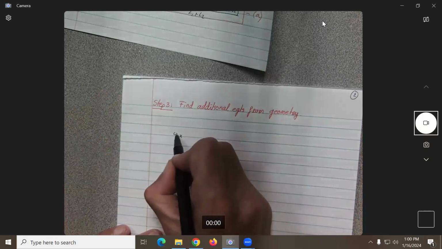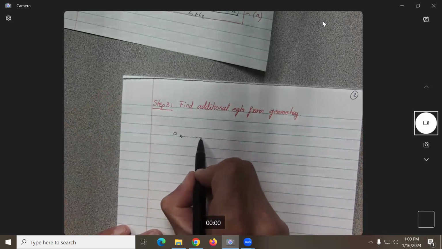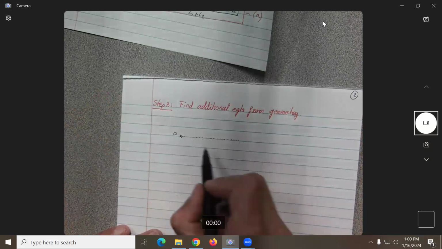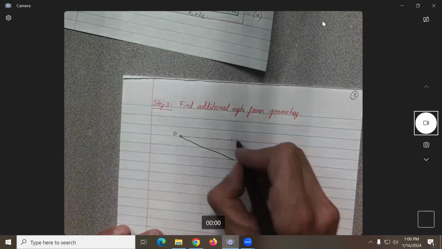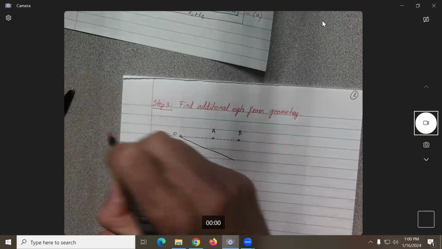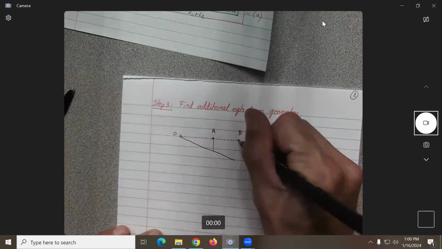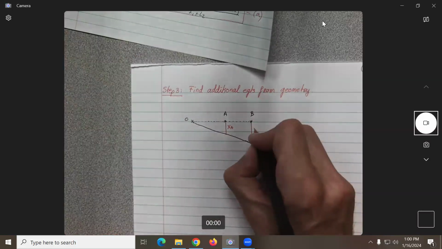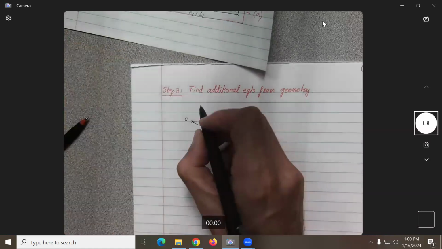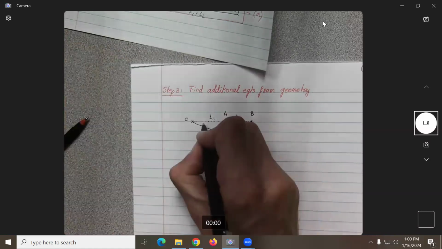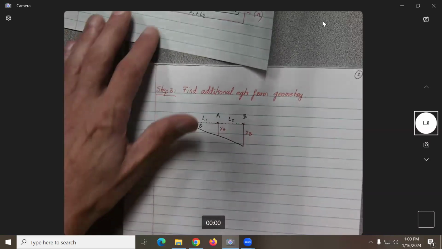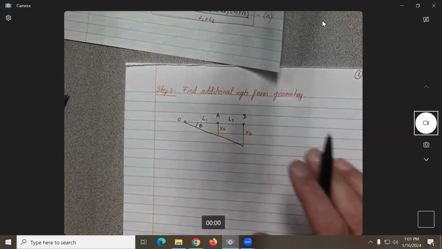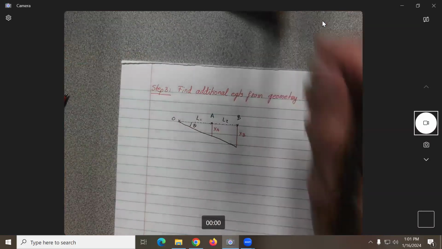So this is point O, and let's say this is the undeformed. And now do this. Okay, so whatever you want to call this one, similar triangle, or we can do it with a tangent.